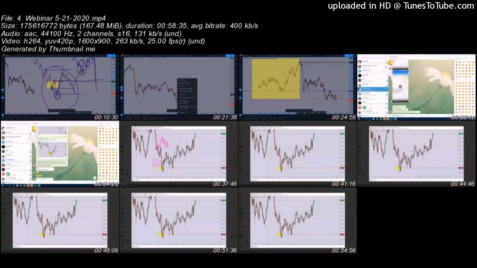So as you can see, eventually price started liquidating. With a ton of fake outs, okay?